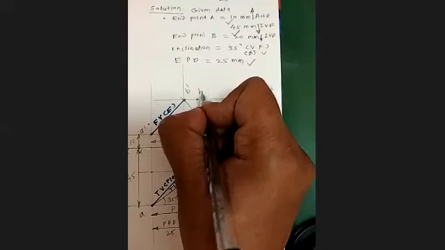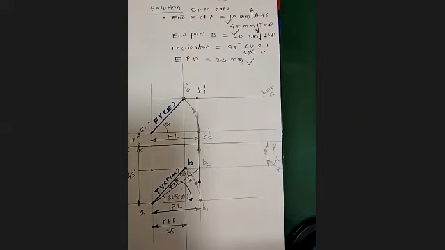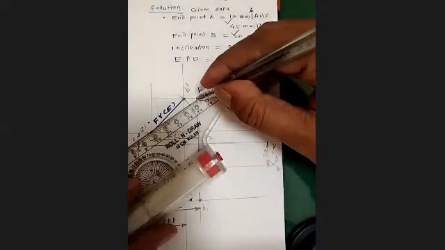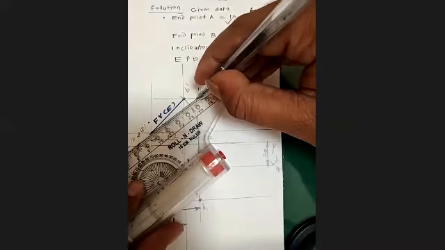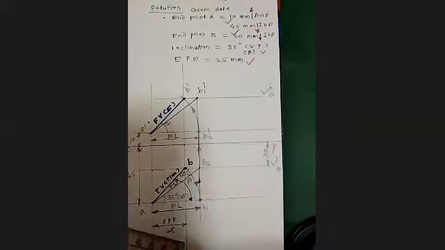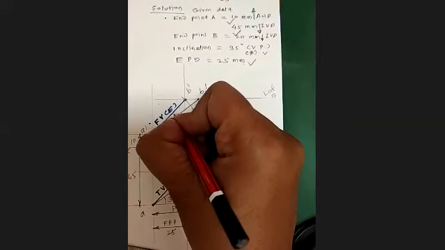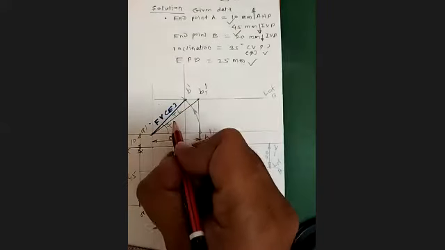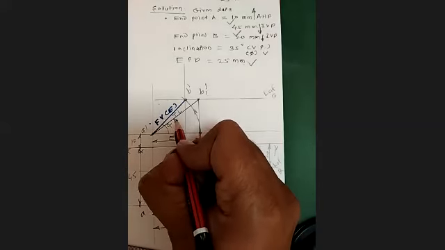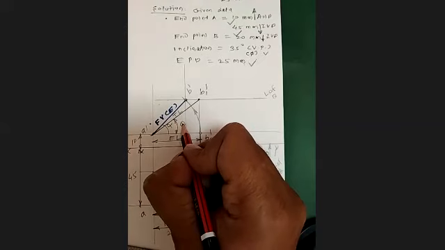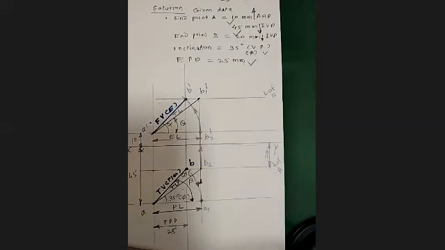Now you got this B1 dash point, and then join B1 dash with A dash, and this will give the true length TL. Then this angle will be the angle theta, right? Now your answer is complete.